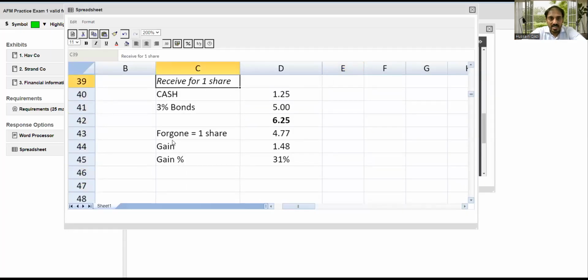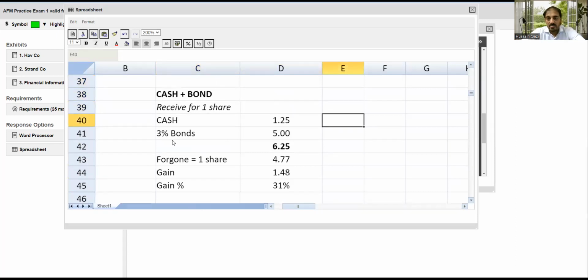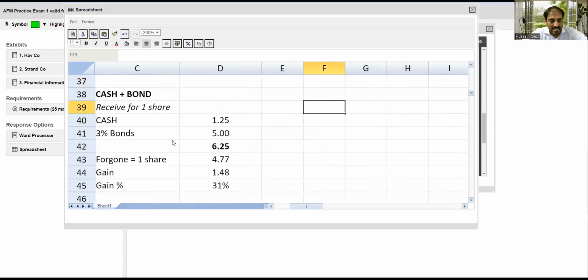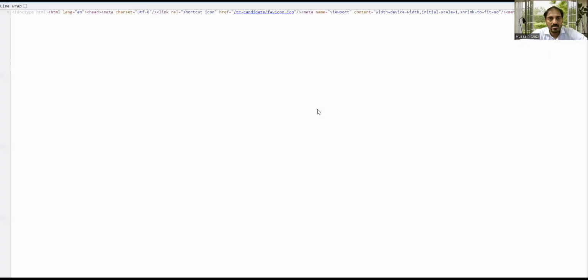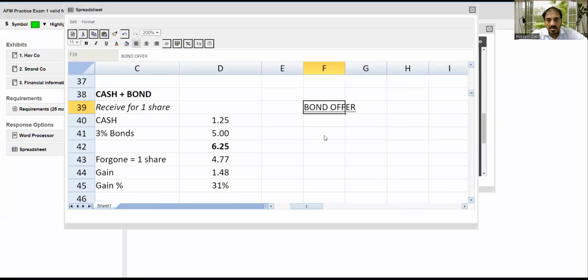Okay, so this is about the cash plus bond. But with respect to the bond, I am discussing once again the bond offer only. Now listen carefully, very basic. The bond offer.